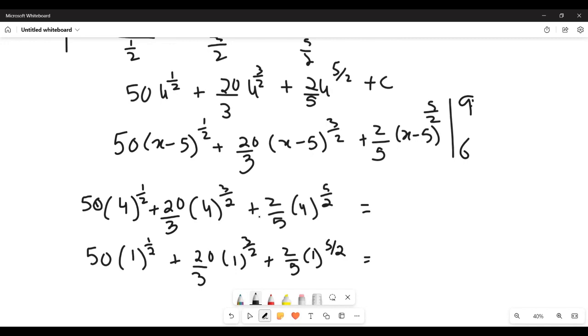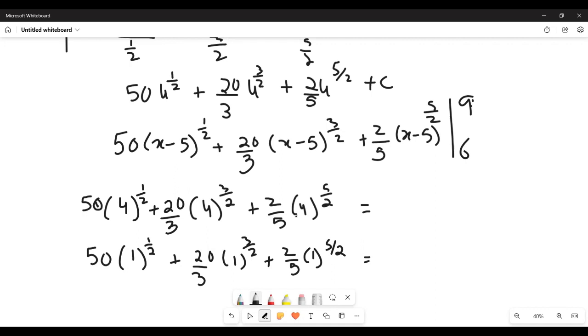तो अब न्यूमरेटर में हमारे पास ऊपर वाली टर्म में आ गया 50 into 2 plus 20/3 into 4 पावर ये 1.5 हो गया प्लस 2/5 into 4 power 2.5.